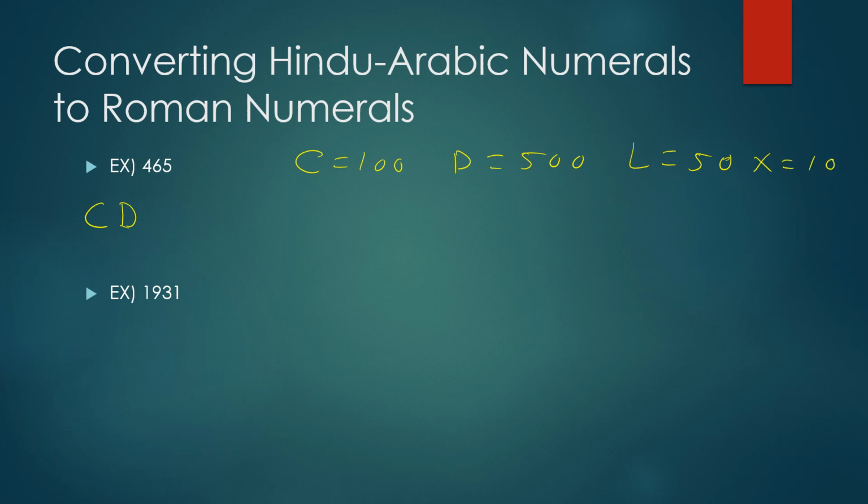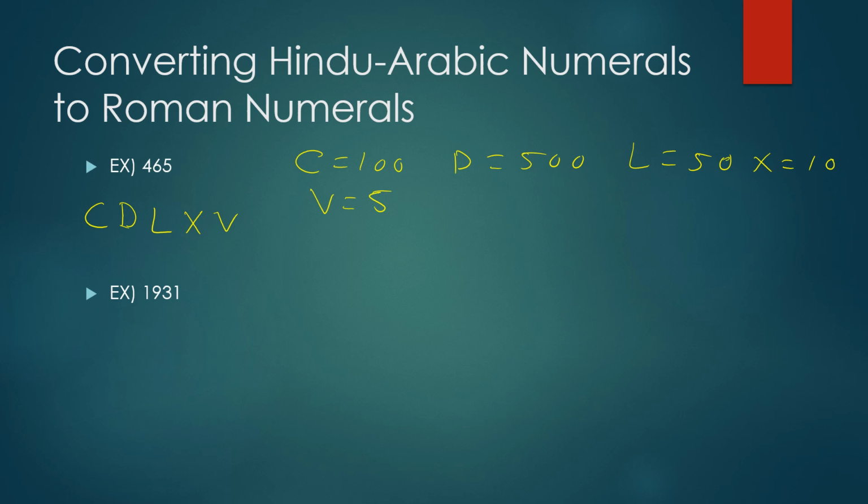We have to put it in order. Because we're going 60, we're doing 10 more than L. We're going to write L first and then the X. Now 5, from our previous chart, we know that V represents 5. So all we have to do is put the V there. So CDLXV is 465.